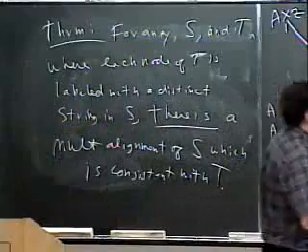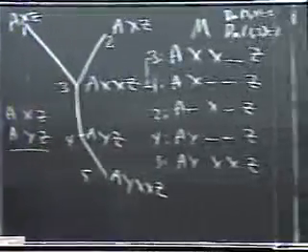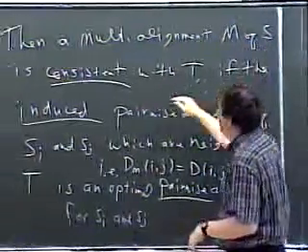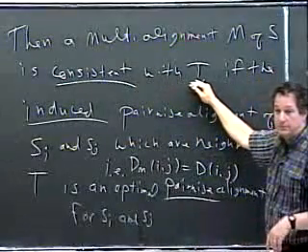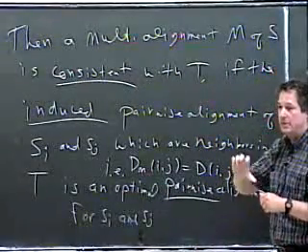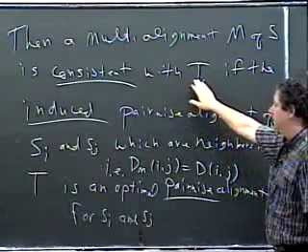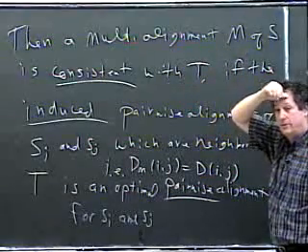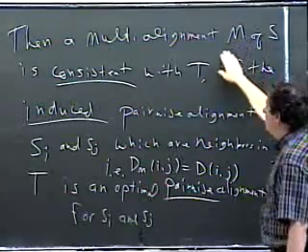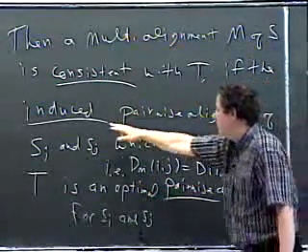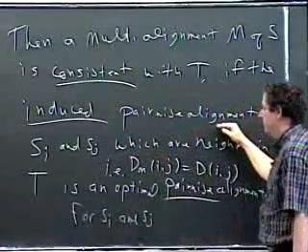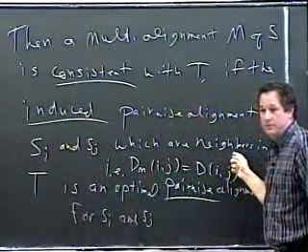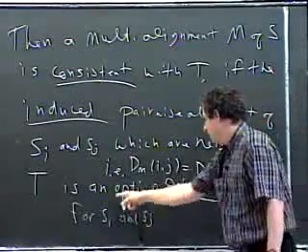Consistent. Okay. A multiple alignment M, which represents the multiple alignment of these sequences S, is consistent with a tree T. And T, remember, is decorated with the sequences in S. So each sequence in S labels a single node in the tree T. But the multiple alignment is consistent with that tree if the induced pairwise alignment of Si and Sj, which are neighbors in T, is an optimal pairwise alignment.